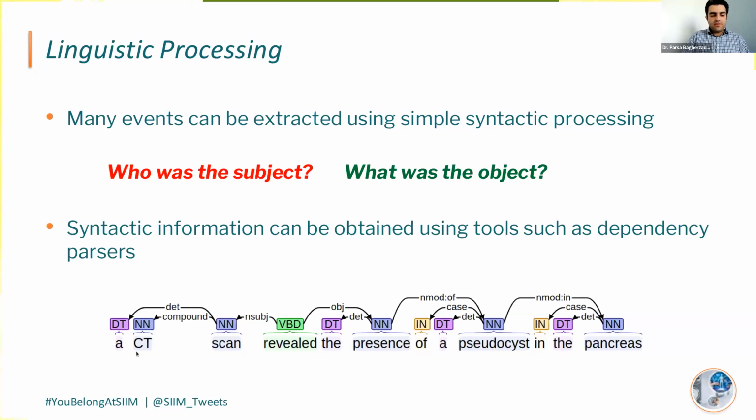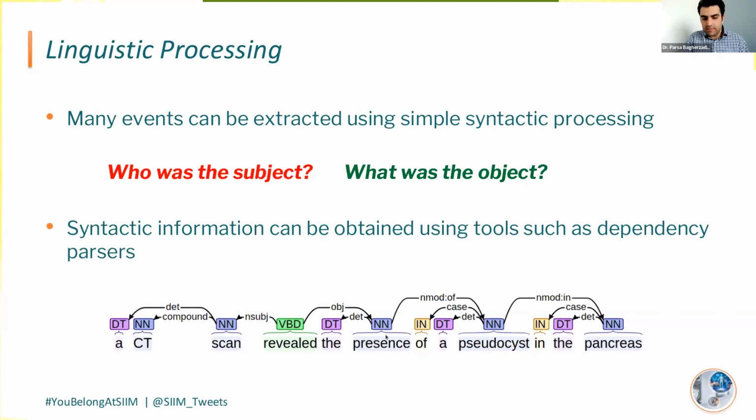So, for instance, this is a piece of text. We saw this before. We can run this piece of text through available syntactic analyzer tools, such as dependency parsers, and this gives us syntactic information of who is the subject. A scan is a subject. A scan revealed what?